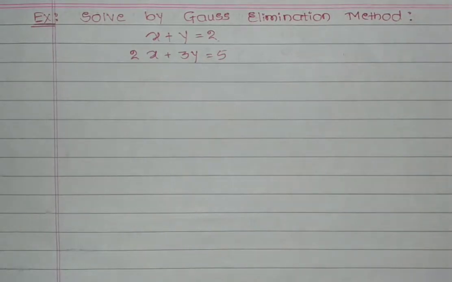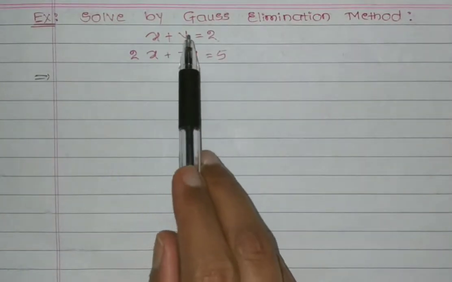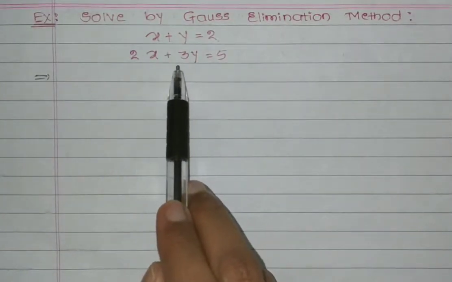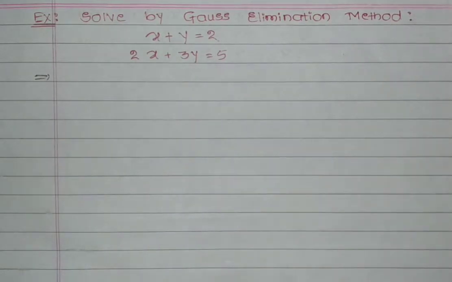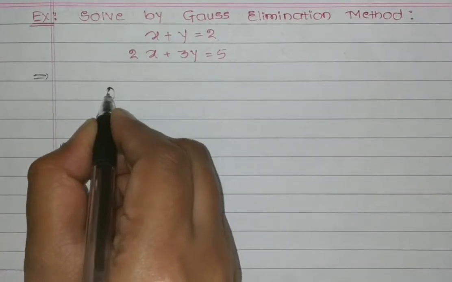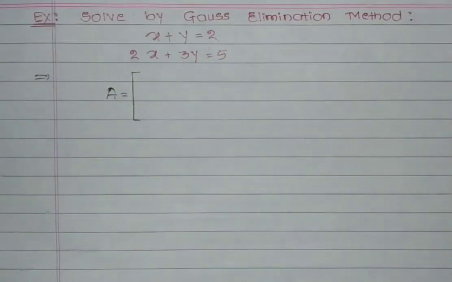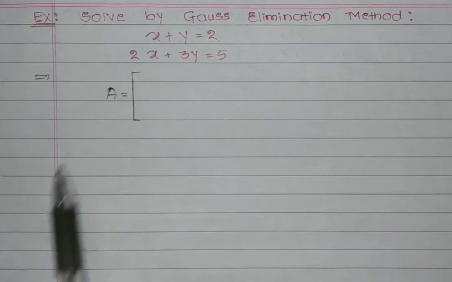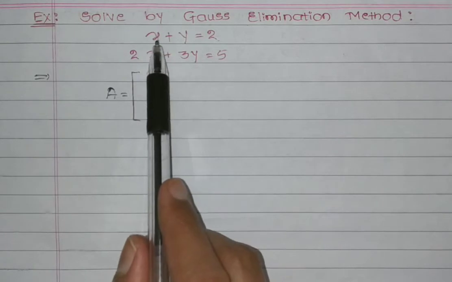So here first, we have to express these two equations in terms of matrices, that is matrix A, where the A matrix is always the matrix of coefficients. So here in the first column we have to write the coefficient of x.